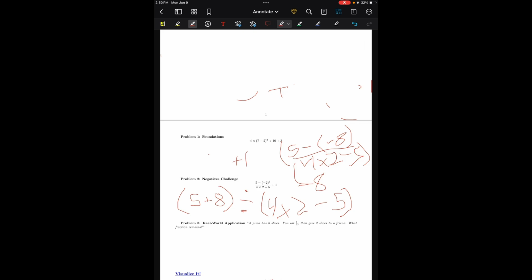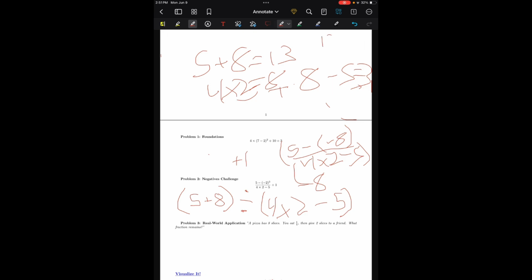So now we have to evaluate the parentheses. 5 plus 8 equals 13, and 4 times 2 equals 8 because we do multiplication first. 8 minus 5 equals 3. This is a little bit of a weird problem because we have fractions involved, but let's just keep going.